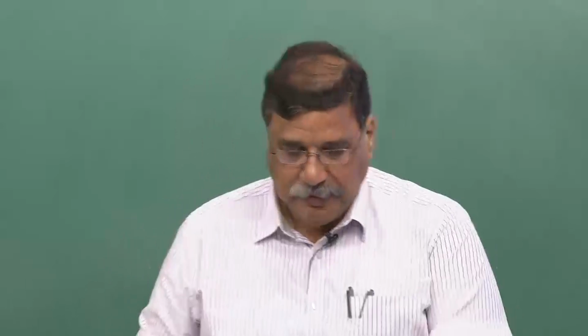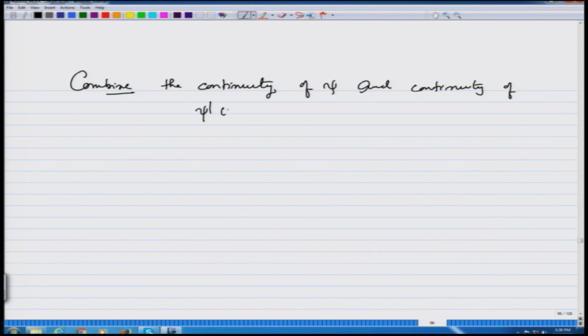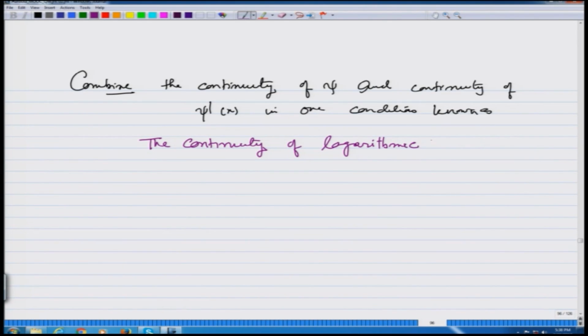Now, we sometimes combine, in fact not sometimes, all the time combine the continuity of psi and continuity of psi prime x in one condition known as the continuity of logarithmic derivative.